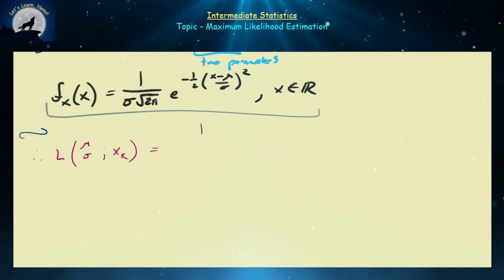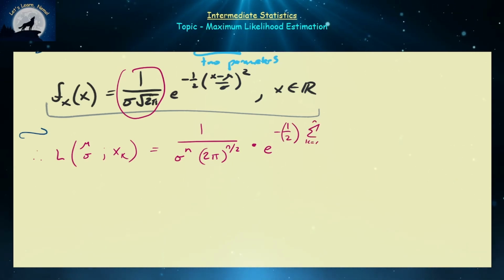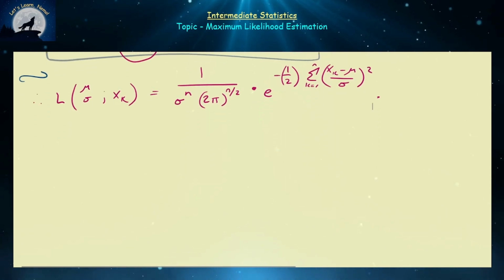So that's going to be equal to 1 over, so this coefficient is going to be multiplied by itself n times, so that's going to give us sigma to the power of n, and then 2 pi to the power of n divided by 2, and then we're going to have e to the minus 1/2, and then we're going to have our sum from k equal to 1 to n of xk minus mu over sigma, the quantity squared. So that is going to be the likelihood function for a sequence of normal random variables.